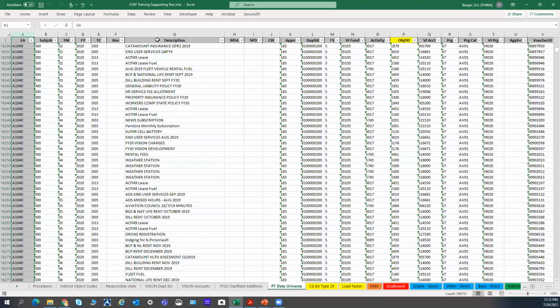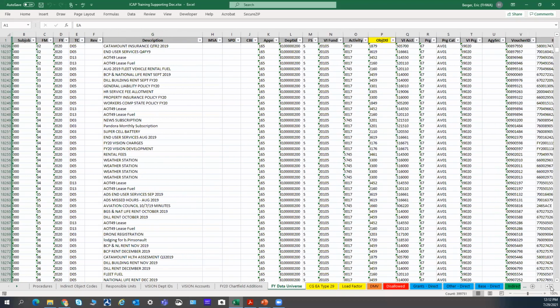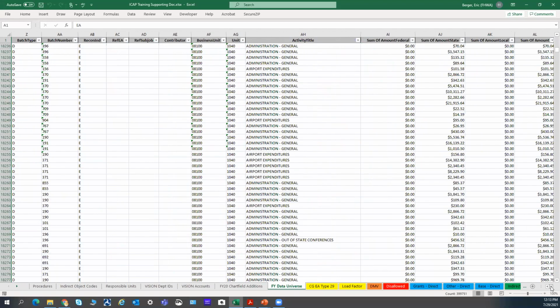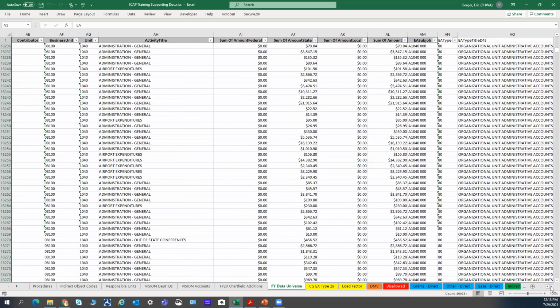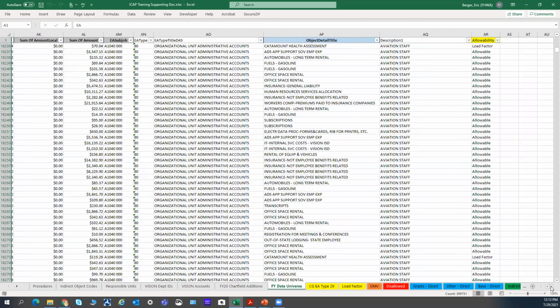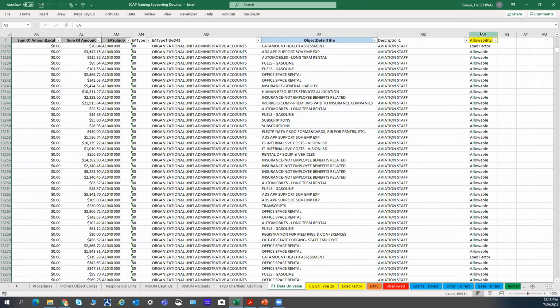Here's a description that's within, and you'd have to scroll back over to the right. Let me just go a little further. They have dollar amounts and everything in here for their extraction purposes. Here's their allowability.